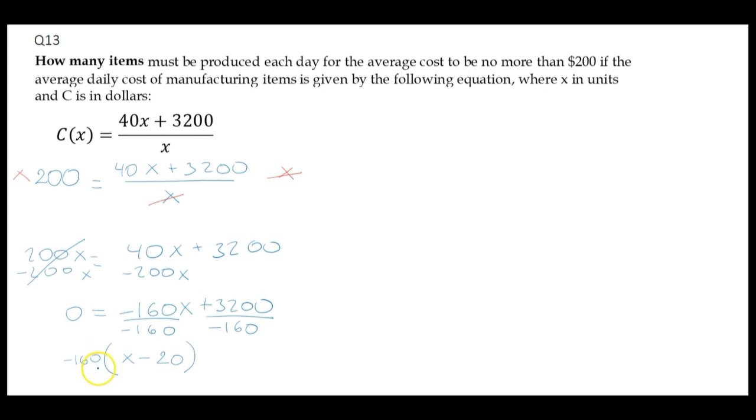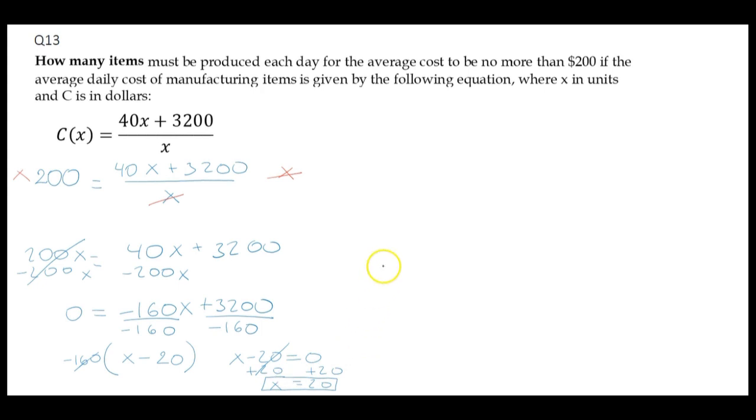This one I cannot equal to 0 because negative 160 is not equal to 0, so that goes away. x minus 20 equals 0. I have to solve for x, adding 20 to both sides of the equal sign. This cancels, and I have x equals 20.